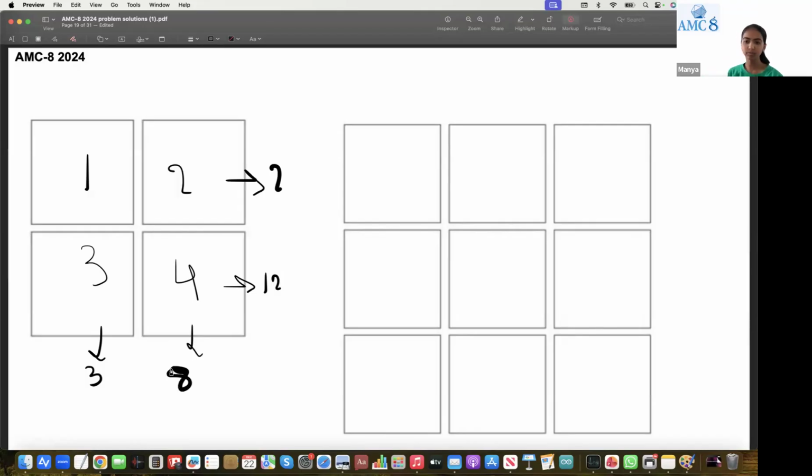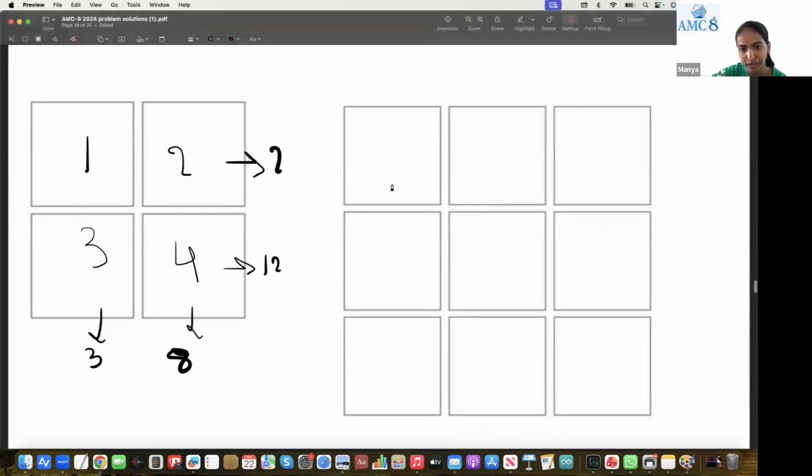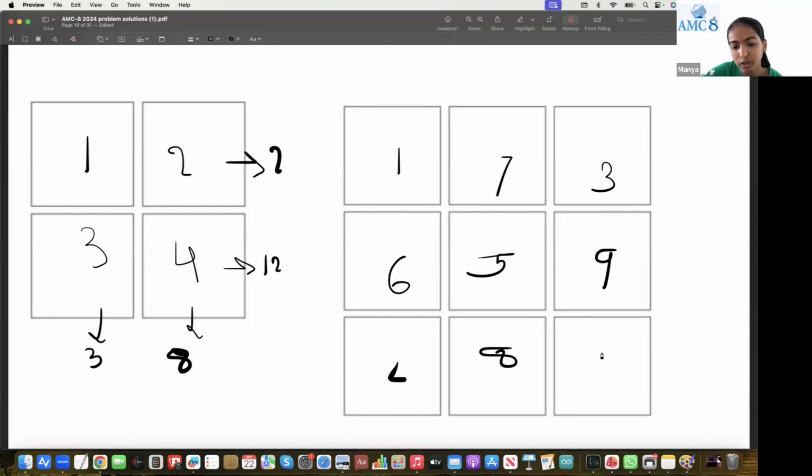Okay, so we just drew a 2 by 2 grid, and we all know how to calculate the product of these. How about now we draw a 3 by 3 grid? We can place some random numbers like 1, 3, 5, 7, 6, 8, 9, 2, and what number are we missing? 4.